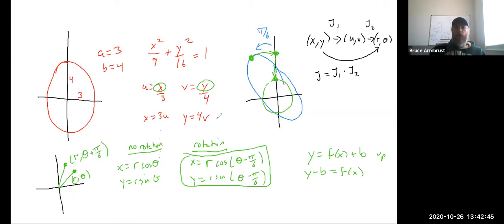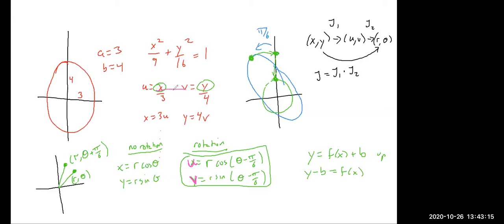So what we can do is look at the Jacobian from XY to UV. And in these X's and Y's, those are now U's and V's. Does that make sense? Because the U and V were the guys that were bringing us to the circle.